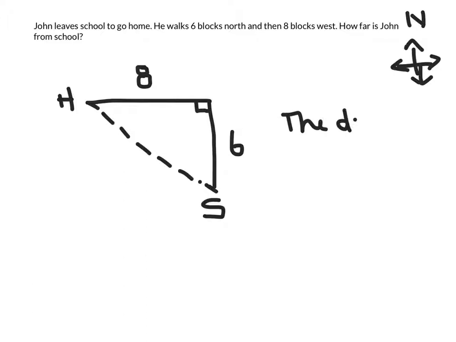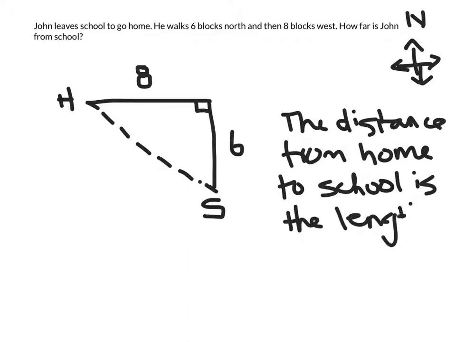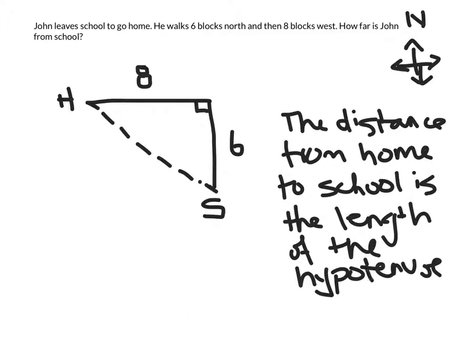So the distance from home to school is the length of the hypotenuse. Now that is actually M1. And even over here is M1, showing that we're working on that problem.